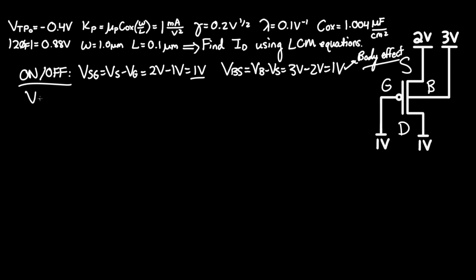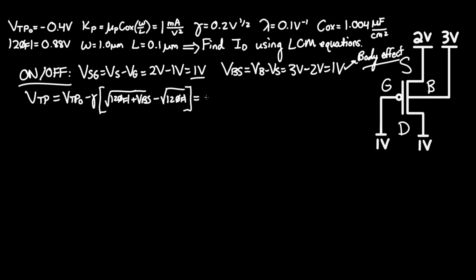If there's body effect, we need to modify VTP, which now equals VTPO minus gamma times the square root of absolute value 2 phi f plus VBS, minus the square root of the absolute value of 2 phi f.